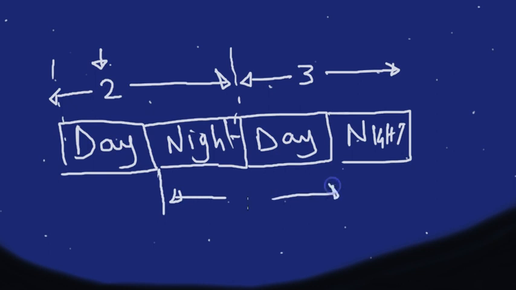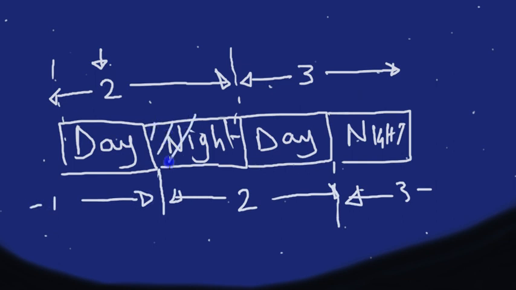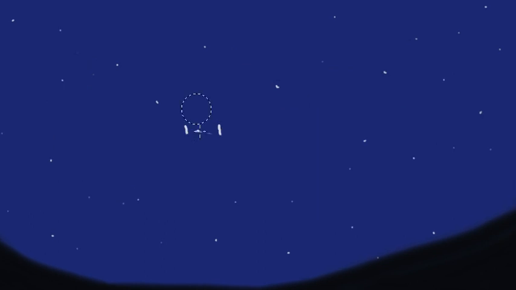So the second would really start here, and then that would end. Then the next day would start. So it starts from the night, and that would be the first, etc. Night, day, night, day. So let's just get rid of this.